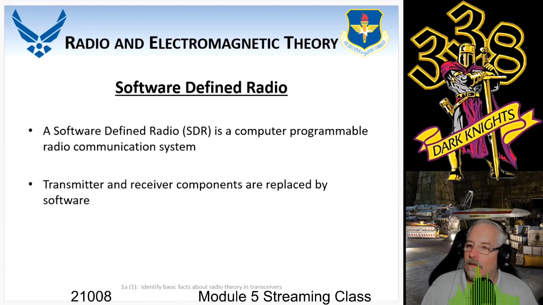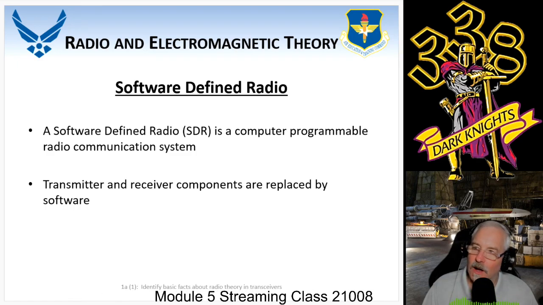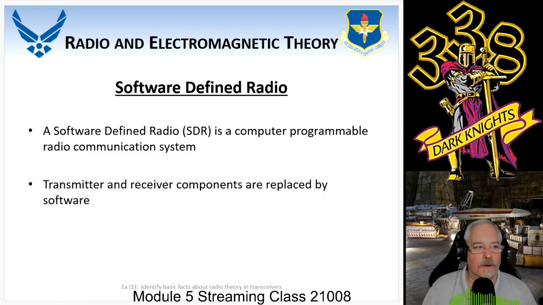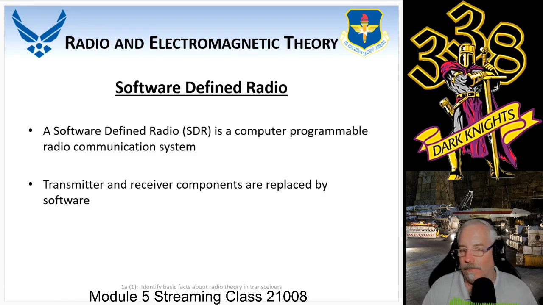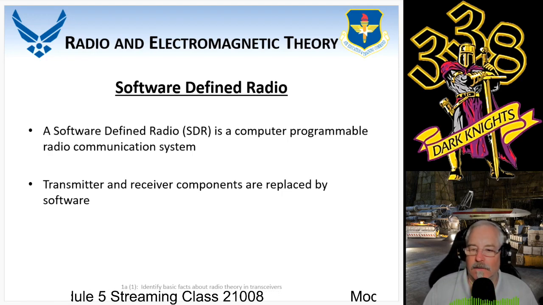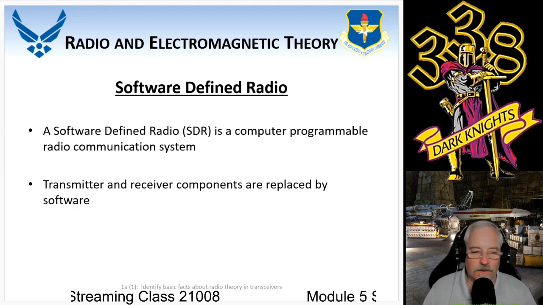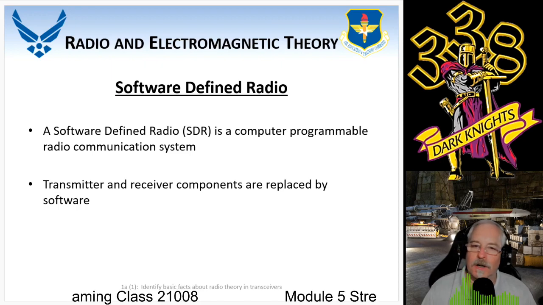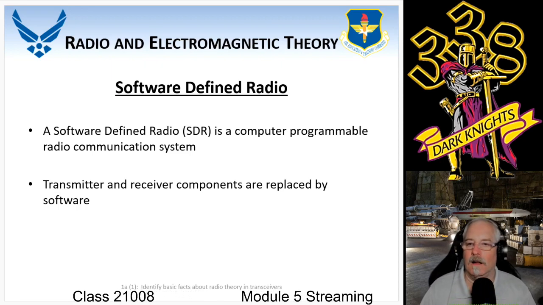When we look at software-defined radios, though, this is all controlled by software. Now, there are some components that can't be replaced by the software. But for the most part, you can take that radio, hook it up to a computer, and change its frequency, its output, its modulation type, just about everything that's in there.